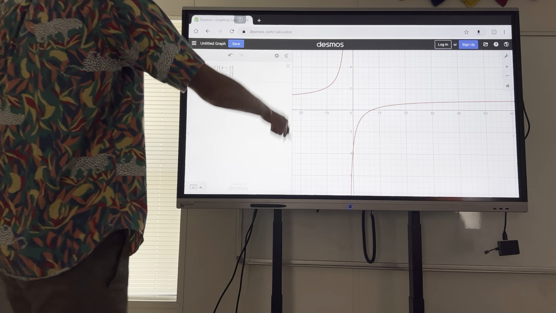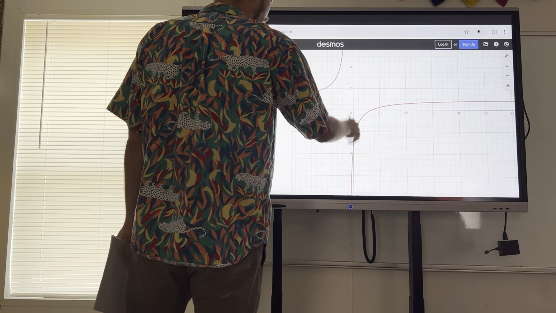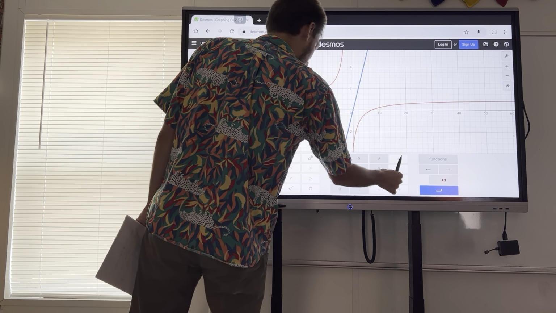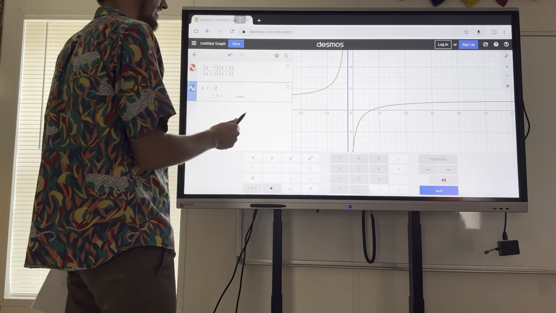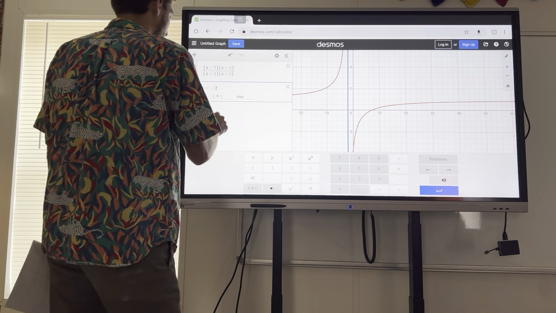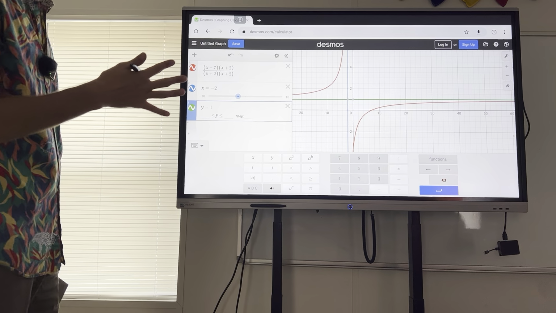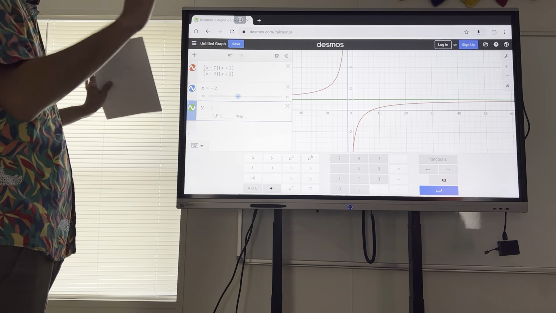Okay, I see our nice vertical asymptote is definitely going on at x equals -2. Yep, that looks like a nice asymptote. We also said that our horizontal asymptote would be y equals 1. Yep, I think that looks pretty good, right? Our asymptote should not be touching our graph.